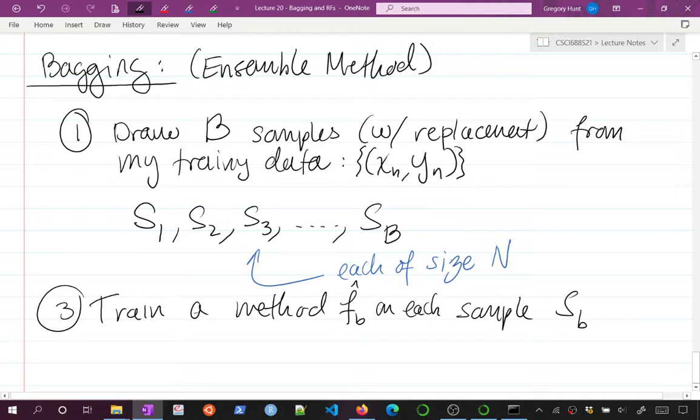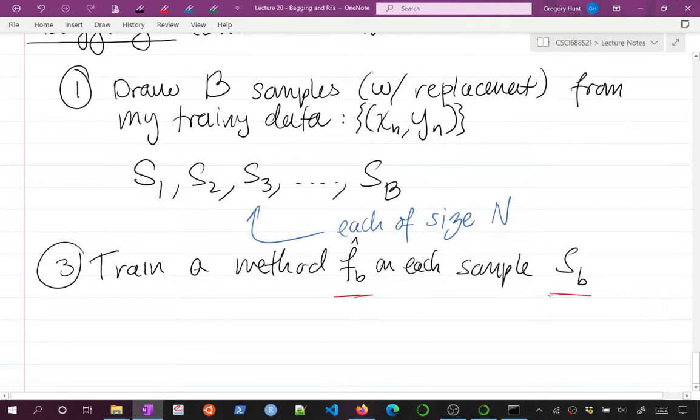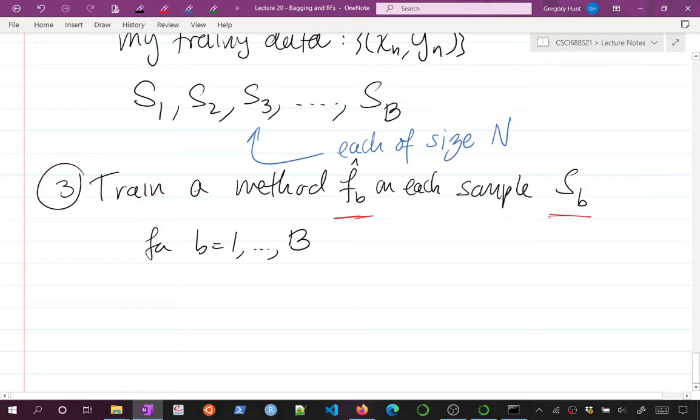So on the bth sample, we're going to train a method. Take a collection of our training x's and training y's, and fit a method on that random sample with replacement. We're going to call that method f hat b, and we're going to do this over our capital B methods. So little b goes 1 to capital B.